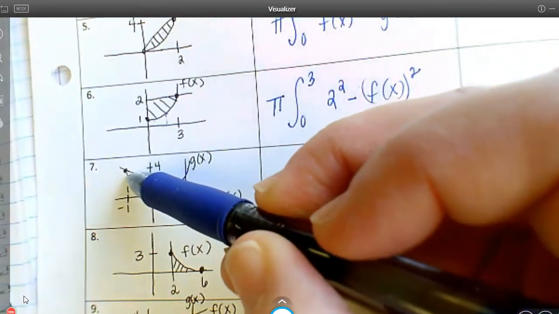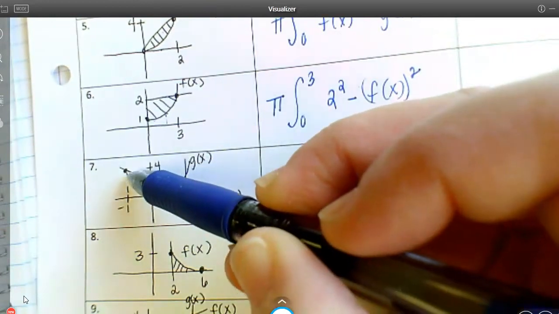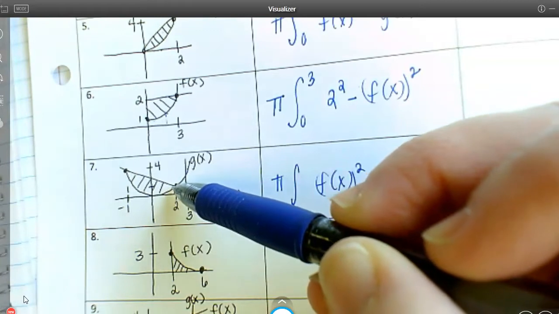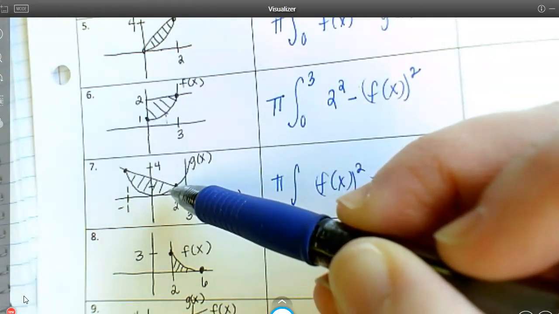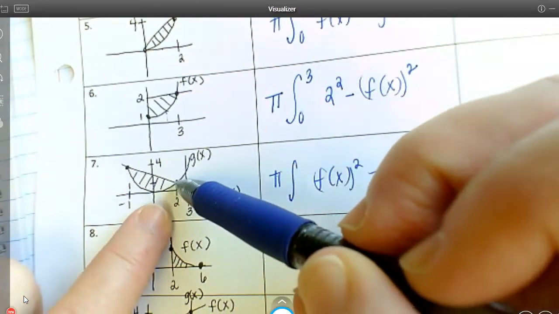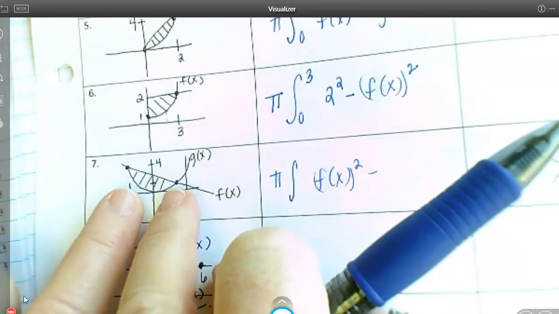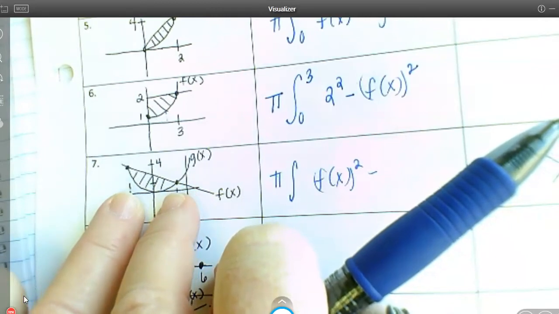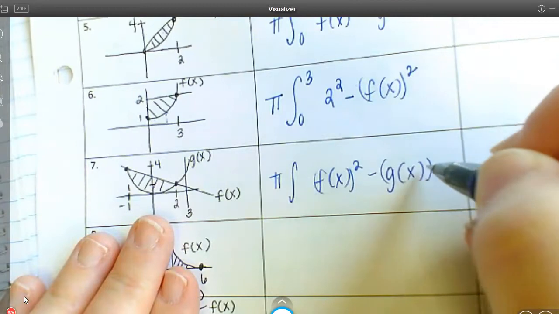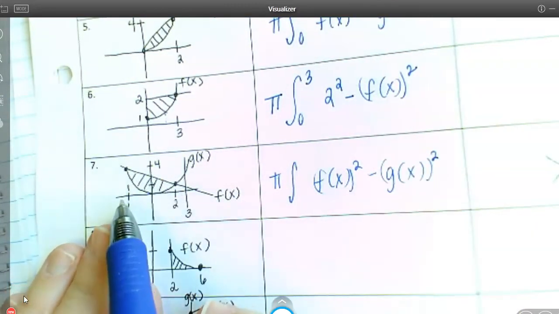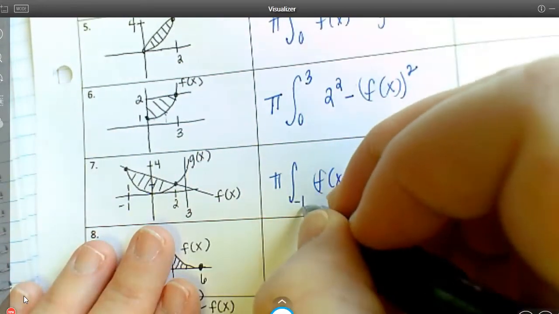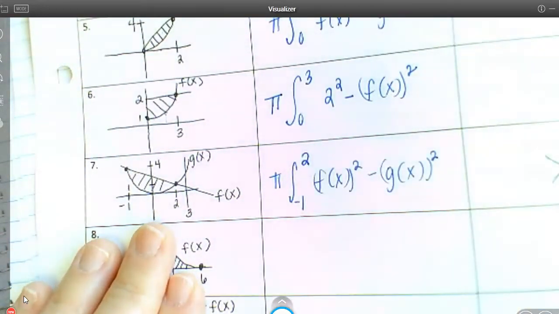The inside one is this curve thing, but because it's the same curve here and here, I can do all of that hole at the same time. Over here it's still g of x, and over here it's g of x. So even though it's almost like it's 2 little holes, I can do it all at the same time. So it's still minus g of x squared, and it's from wherever the intersections are. The 3 is there just to confuse you. So it's negative 1 to 2.